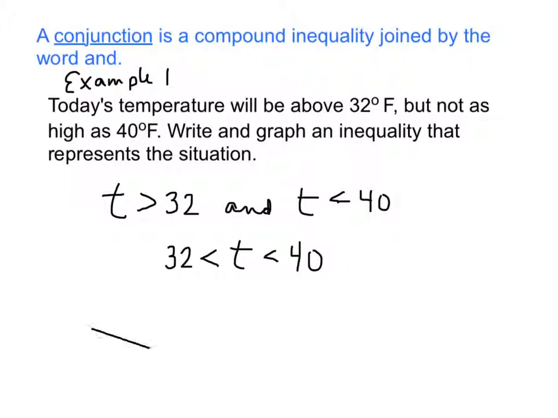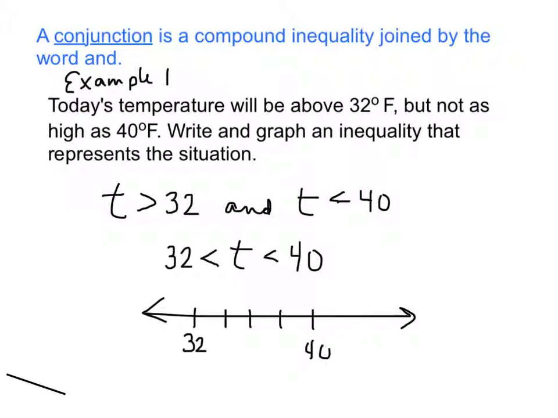If you graph this, so 32, 34, 36, 38, 40. I'm going to count by twos. So we cannot be 32. We cannot be 40 because they're open circles, so that means they are not the solution, but the temperature can be anything in between them.